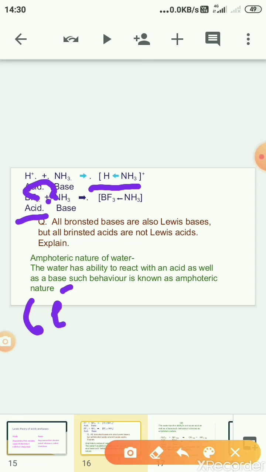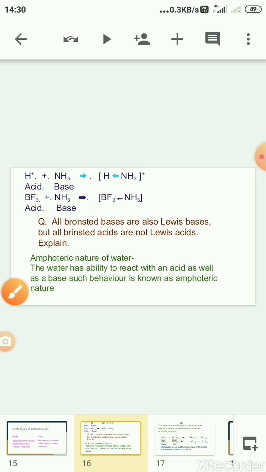It forms a complex, BF3 and NH3. Now both the compounds have completed their octet, ammonia as well as boron trifluoride, and the arrowhead is denoted towards boron trifluoride because both electrons are given from nitrogen to boron trifluoride.